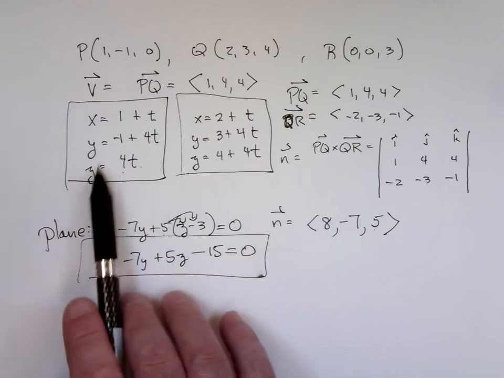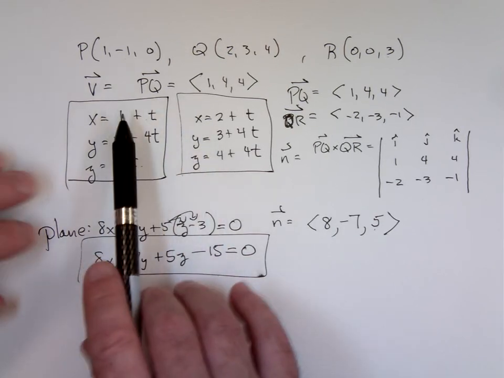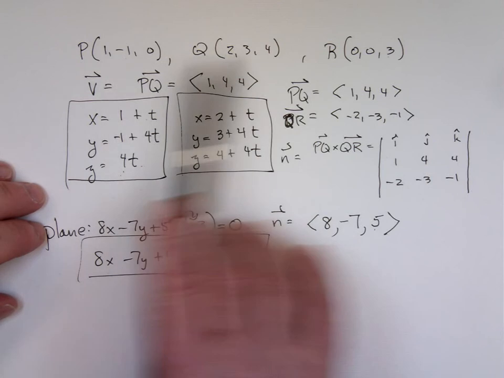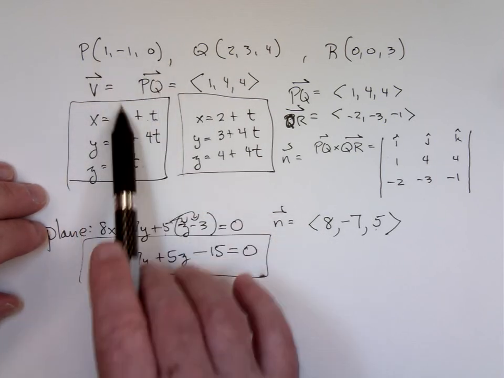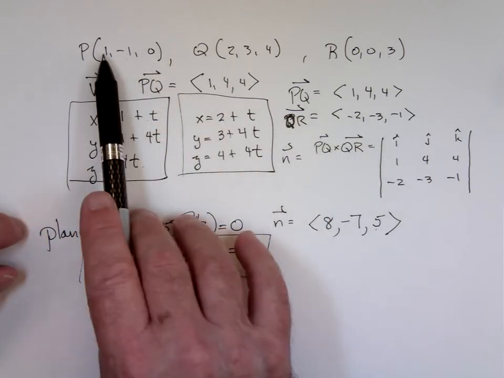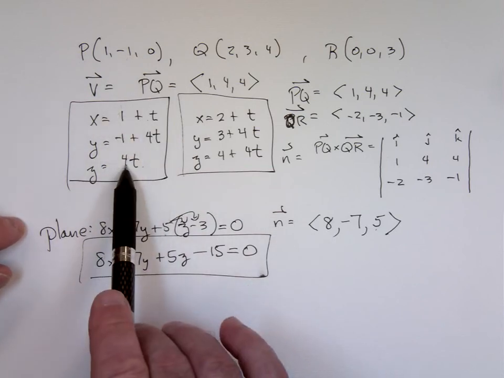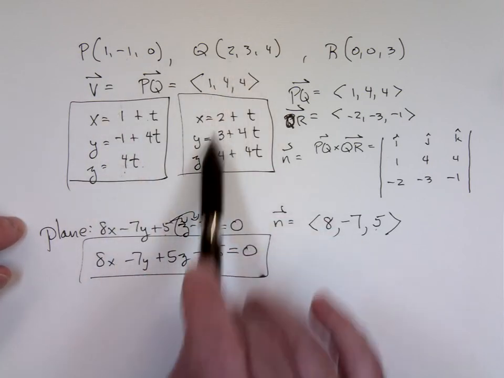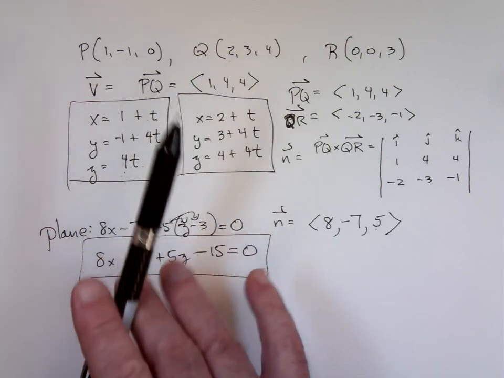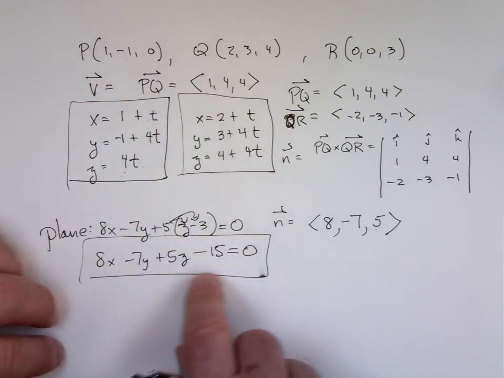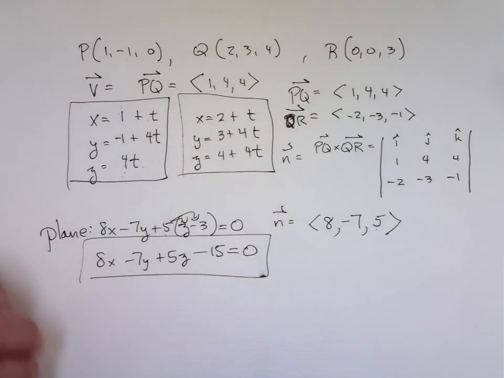And I had these 2 points to choose. Here's one: 1, negative 1, 0 is this one. It's 1, negative 1, 0 plus 4t. And the 2, 3, 4 was this one. It's got to be a point on the line. And the same with the plane. You've got to take a point on the plane. But any point on the plane works. Every point on the plane works.